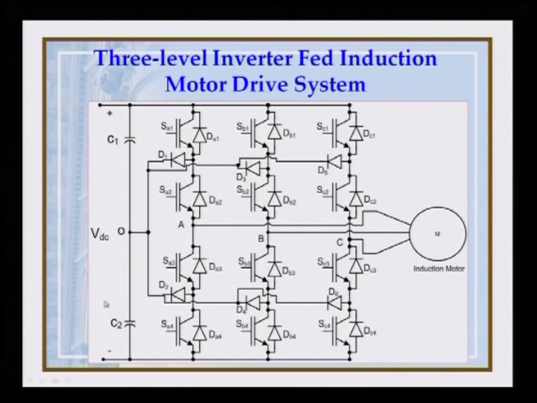The total DC voltage here is VDC, and the voltage drop across each capacitor, C1 and C2, is VDC/2.